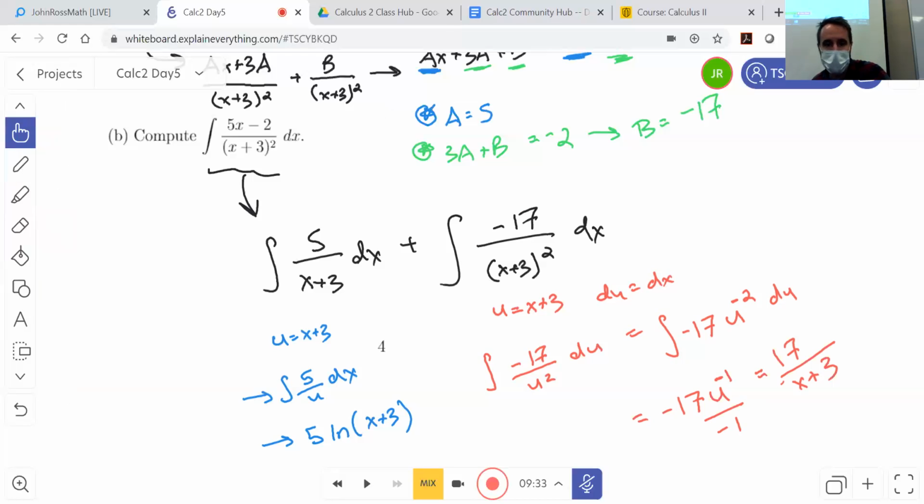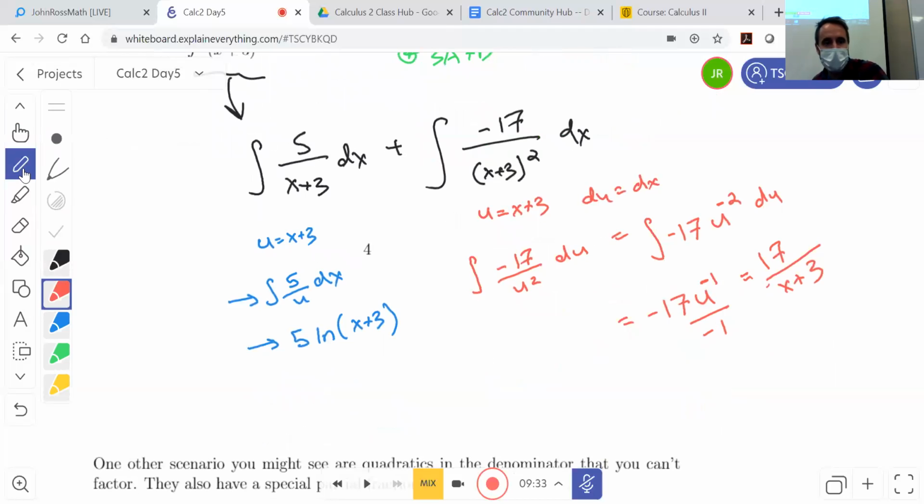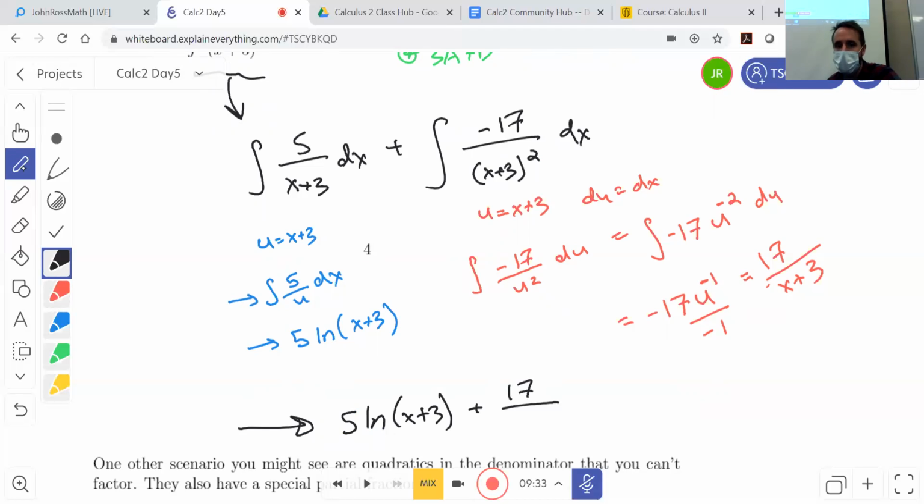So when all of the dust settles, our final answer is 5 ln of x plus 3 plus 17 over x plus 3.